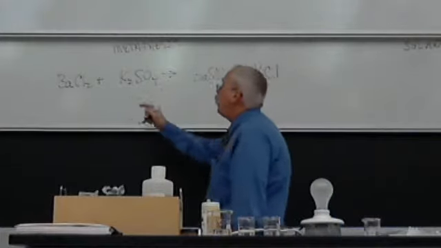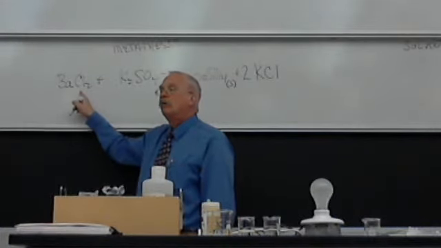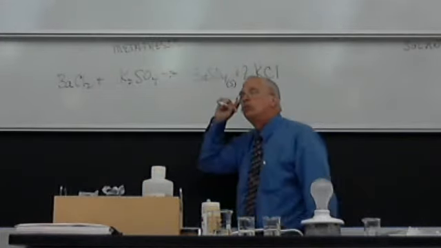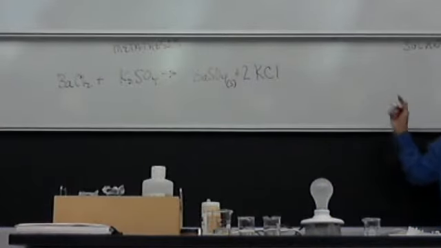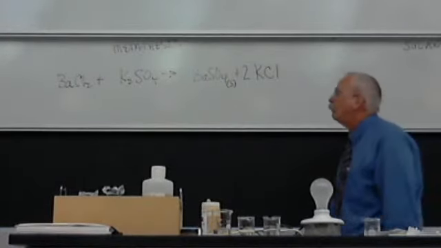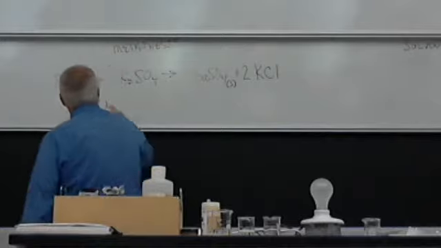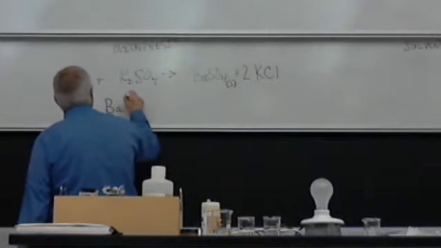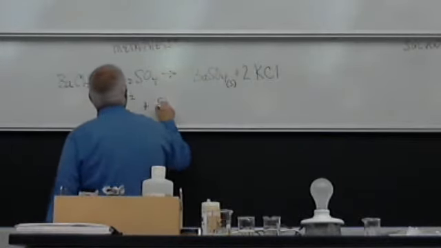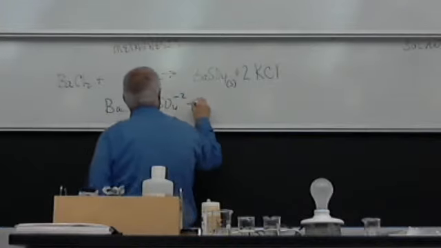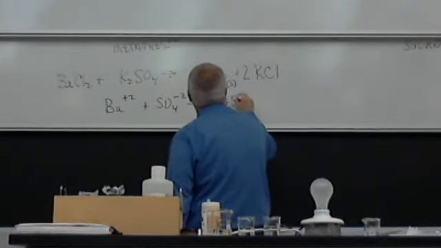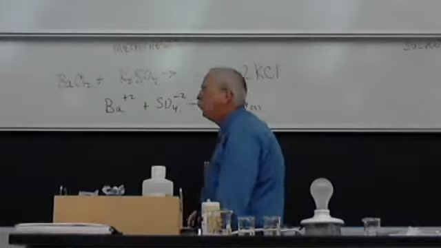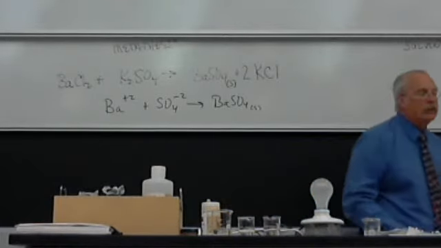So has the chloride really done anything here? No, it was a chloride ion in this solution, it's a chloride ion in this solution, and it can be extracted from the information. So the net ionic equation would be barium +2 plus a sulfate -2, giving us the barium sulfate solid. And we call that the net ionic equation.